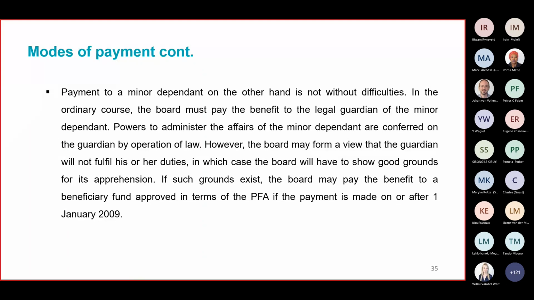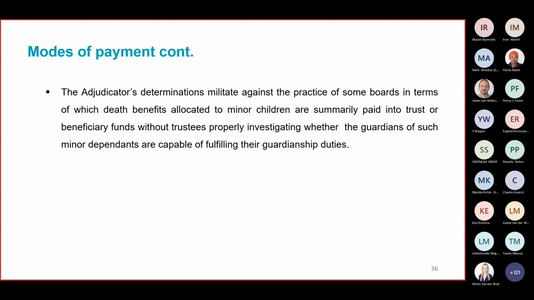In that instance, the board will have to show good grounds for its apprehension, if it has that apprehension. But if these good grounds exist, which it may very well, the board may pay the benefit to a beneficiary fund approved in terms of the Pension Funds Act, if payment is made on or after, and it would generally be the case now, after 1 January 2009.